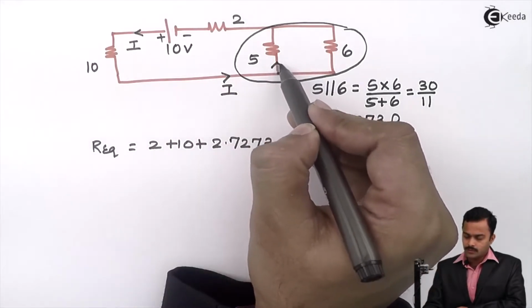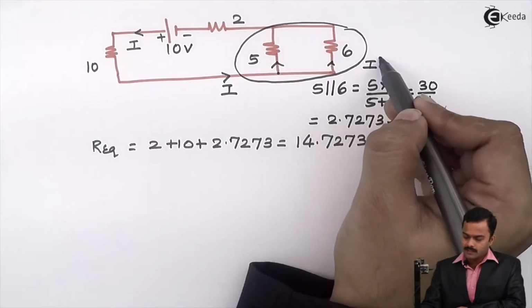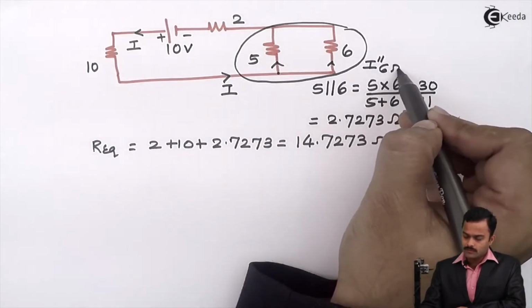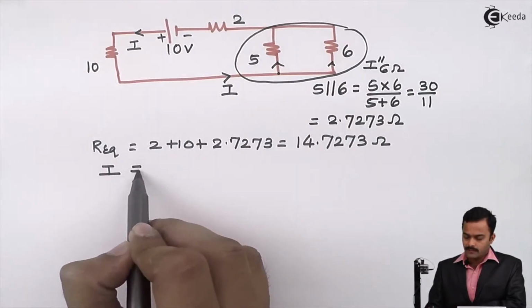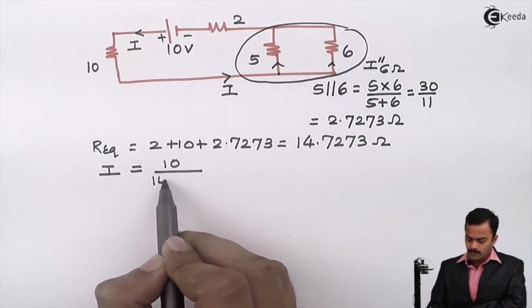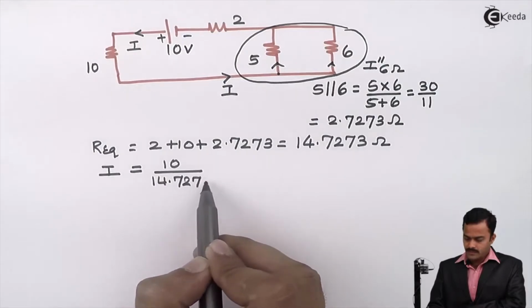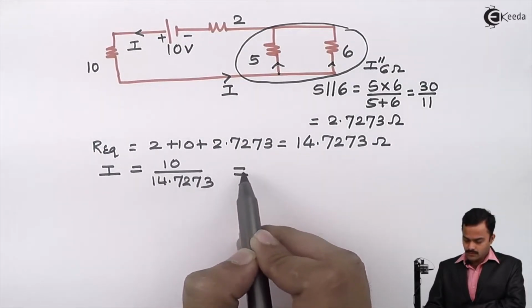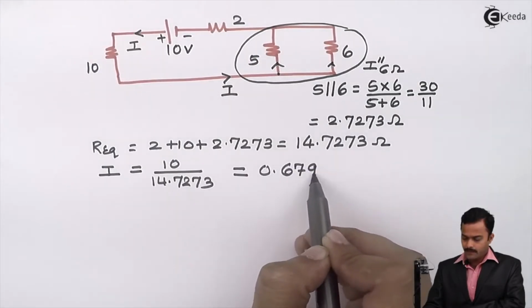Here it is split into two, and our objective is to get the current flowing through the 6 ohm resistance. So the total current given by the battery will be 10 divided by 14.7273, which is equal to 0.679 ampere.